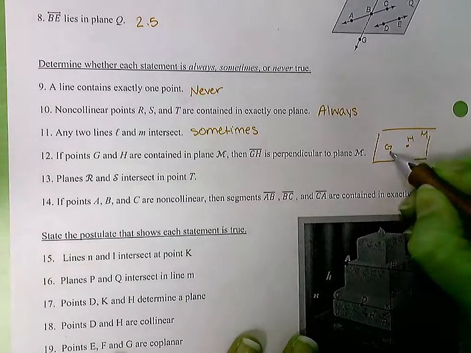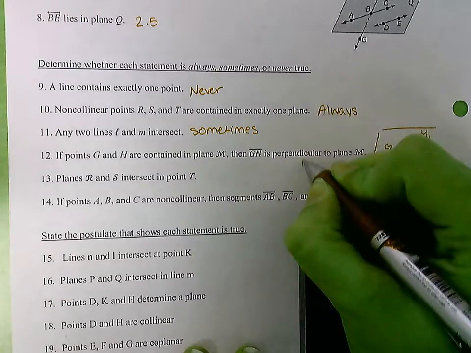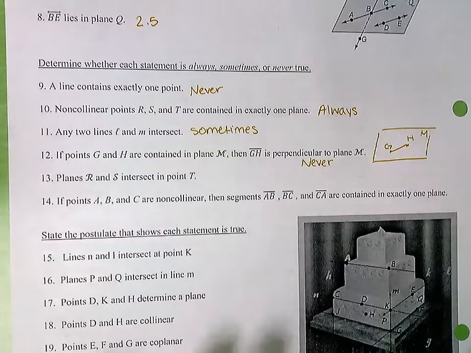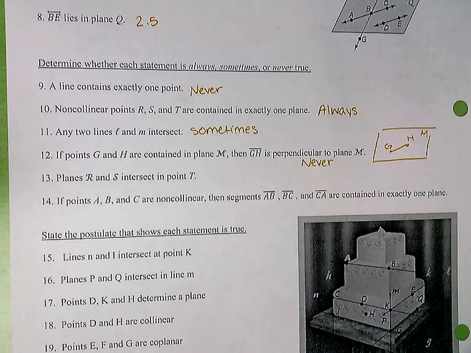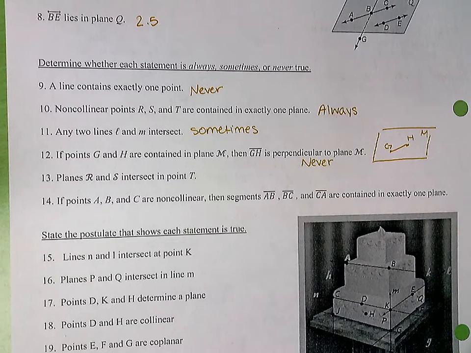That segment created, will that ever be perpendicular to that plane? No. This is never. That segment will lie in that plane. It will not be perpendicular to that plane. What is perpendicular? Makes a 90-degree angle.